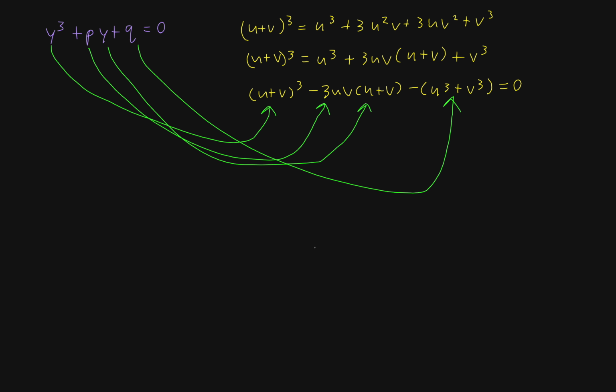So from here we're going to get a system of equations to work with. We know that y is going to be equal to u + v. Then we know that p is going to be equal to −3uv, and then q is going to be equal to −(u³ + v³).